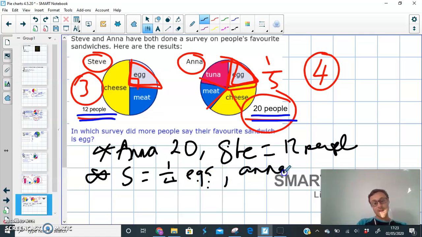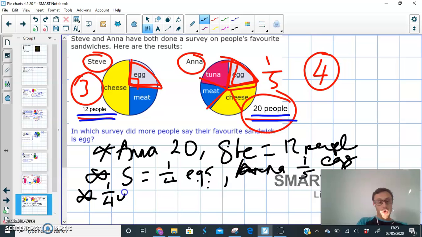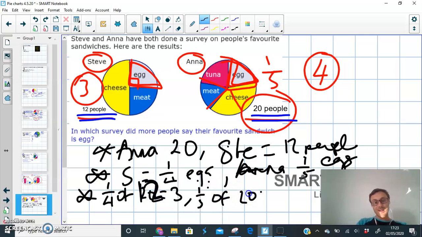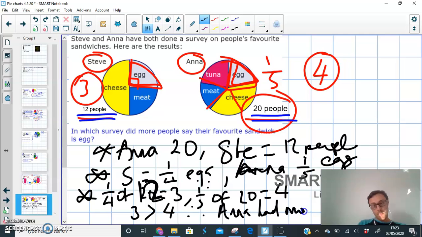Anna had 1/5 egg. 1/4 of 12 is 3. 1/5 of 20 is 4. 3 is less than 4. Therefore, Anna had more.